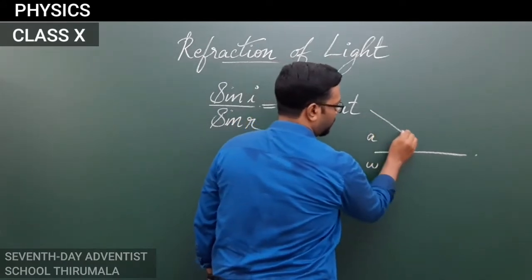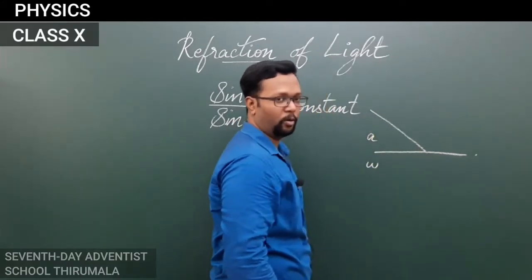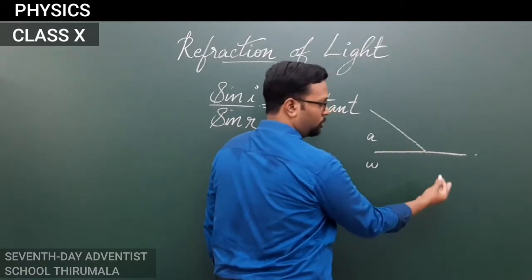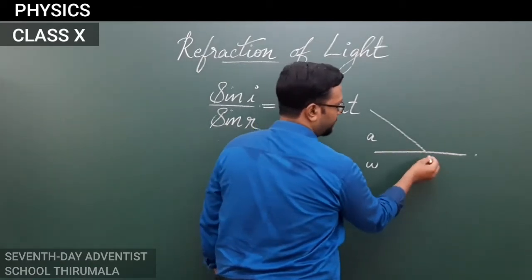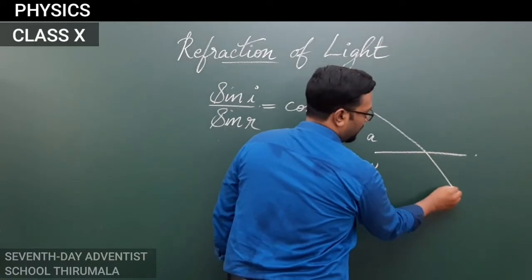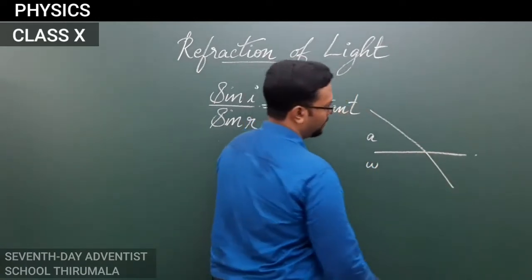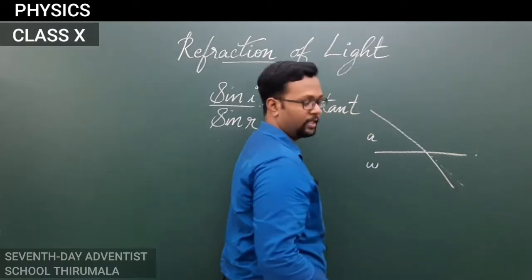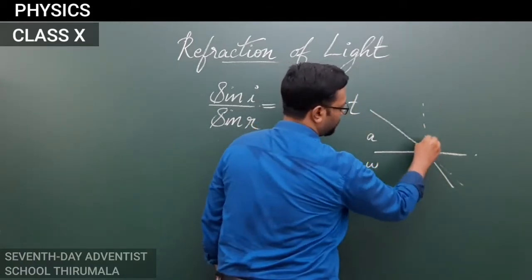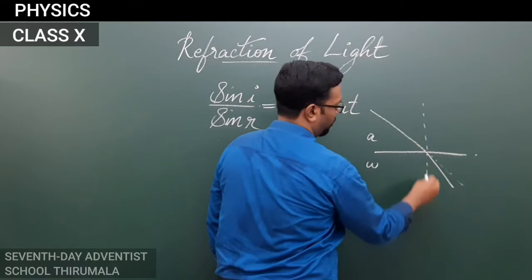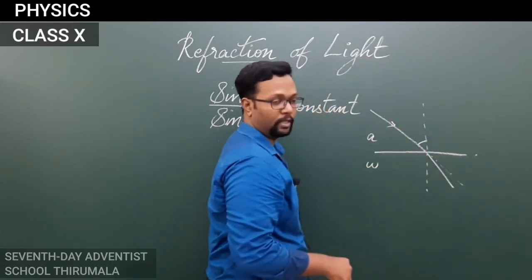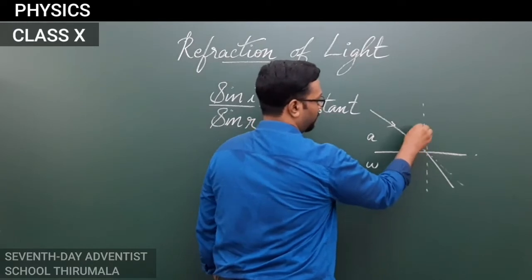A light ray which falls on the surface obliquely, when it tries to pass into the second transparent medium, will bend. Actual path of the light ray should have been in this direction, but it will bend, and to calculate it we draw a normal. The angle between the incident ray and the normal is called angle of incidence.